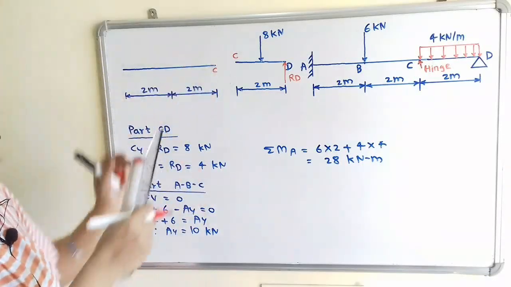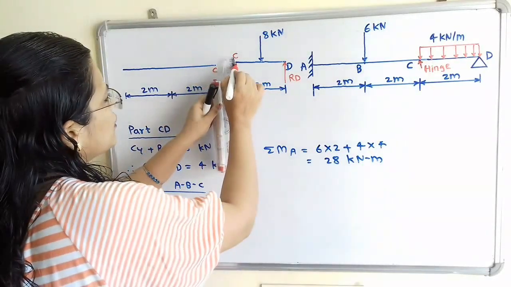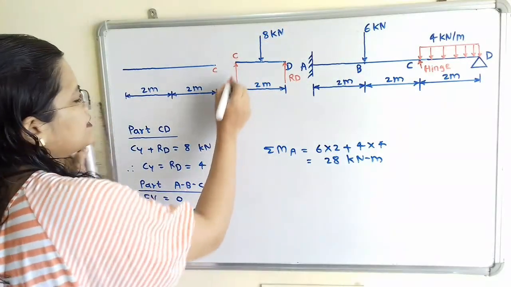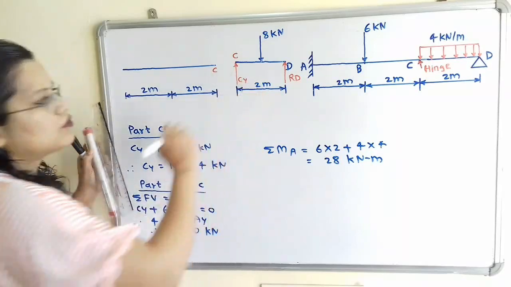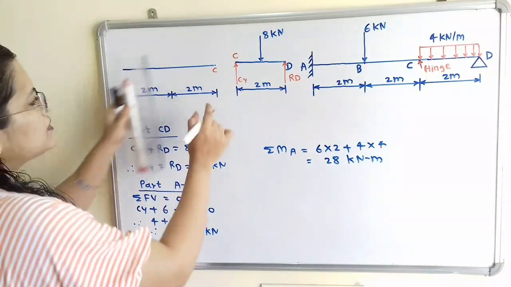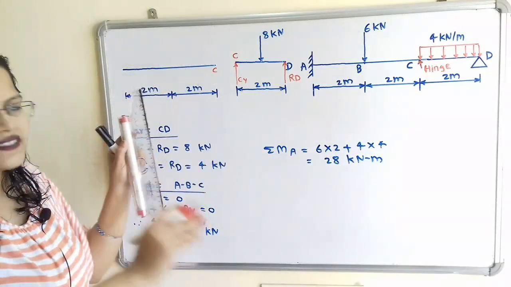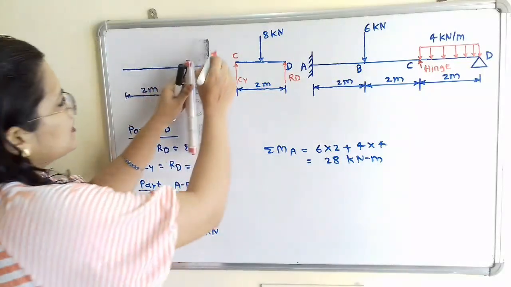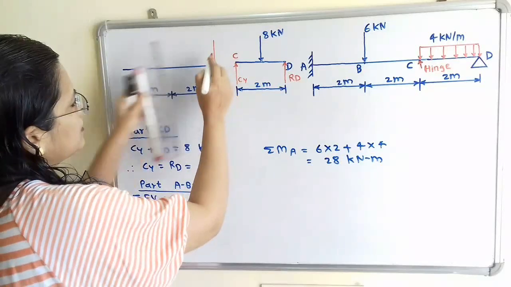Now suppose at point C, I show the force in the vertically upward direction and its magnitude is equal to Cy, then in the first part we have to show the same force, equal in magnitude but opposite in direction. So I will show here.